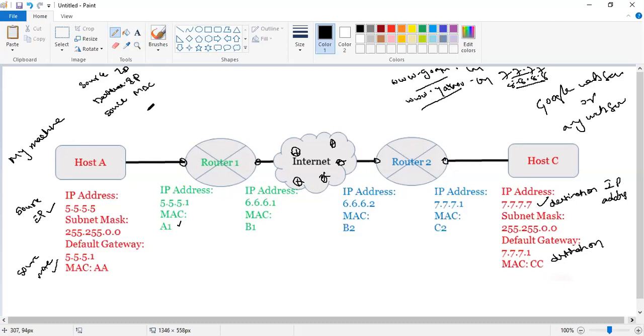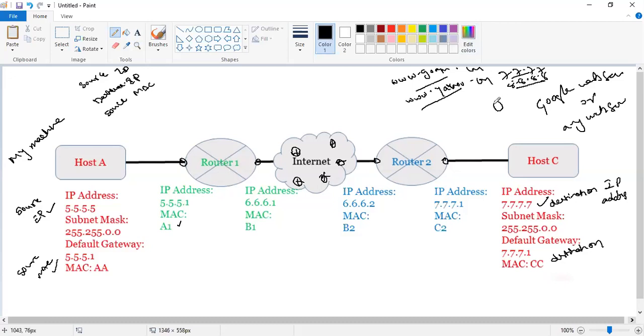Now, is it possible for the destination MAC address to be known at the host, or by anyone like your service provider? No chance. Even if someone knows it, I might have upgraded my machine. Maybe every 1 hour I might be changing from one machine to another.